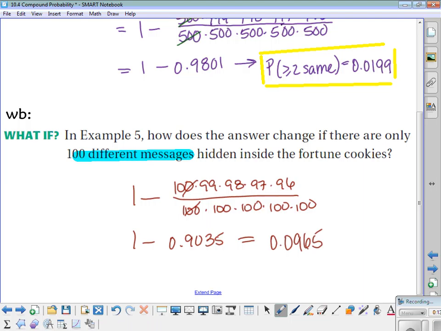Because the complement to all 5 of them the same would be the probability that 4 of them were the same, and the probability of 3 of them being the same, and the probability of 2 of them being the same. So why would I do all of those and subtract it from 1? I would just find the probability that all 5 are the same, which would be 1 over 500 to the 5th power. I wouldn't go to the trouble of using a complement in that situation. Okay? Does that answer your question?